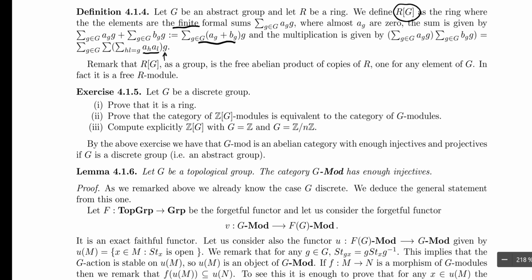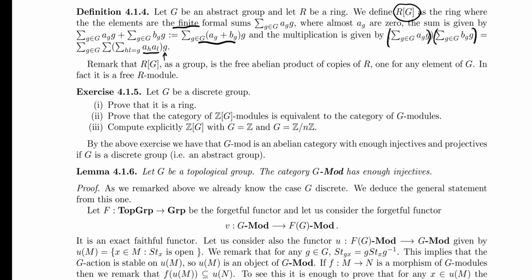That is the sum of the products of the coefficients of those elements whose product is g. So if h1 l1 multiplication equals g and h2 l2 multiplication equals g, and those are the only two cases whose multiplication is g, in choosing one term from each of those two brackets, then the coefficient is the summation of a_h1 b_l1 and a_h2 b_l2. It's like this, okay?